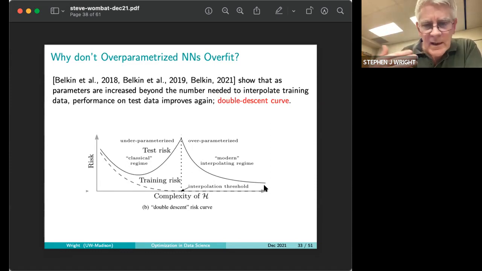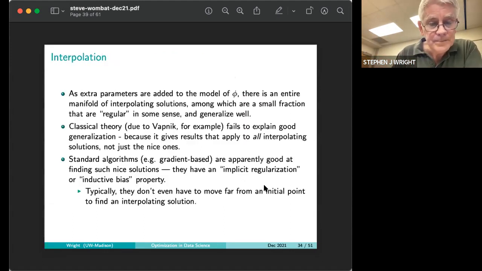And so there isn't intrinsically a bad thing to perfectly fit the data, as long as you can show that your model is going to be one that also generalizes well. And the surprising thing is standard algorithms seem to have that property. So there's been a lot of work in recent years on explaining why that's true.